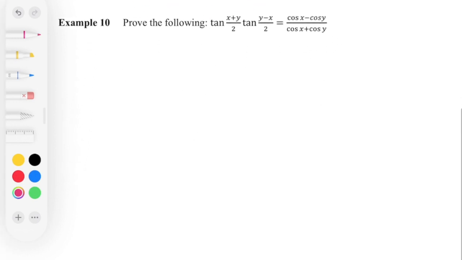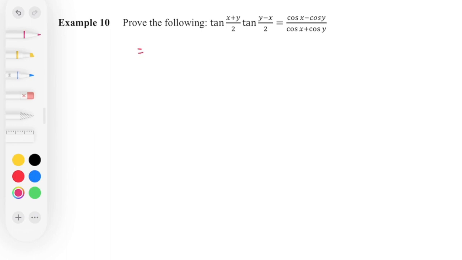And the last example, we want to prove that the tangent of (x plus y) over 2 times tangent of (y minus x) over 2 is equal to the right-hand side where we're subtracting cosine and we're adding cosine. What I'm going to start off by doing is looking at the right-hand side, similar to what I did in example 9, and utilize our sum to product identities where we're adding and subtracting cosine. So let's start with that.